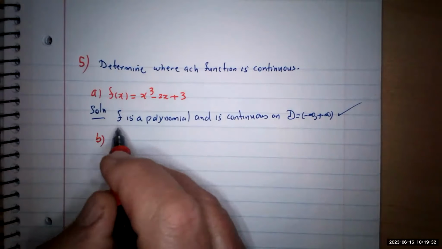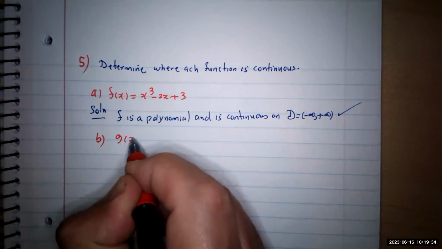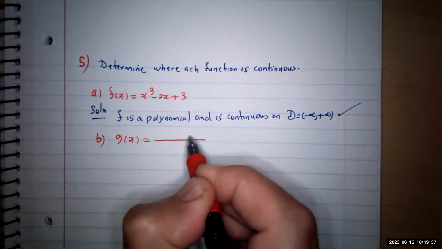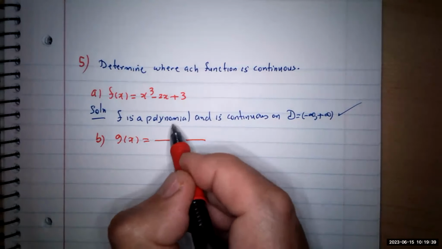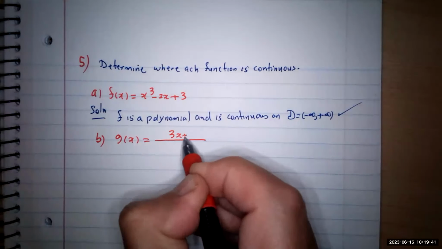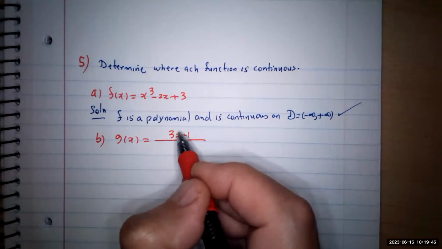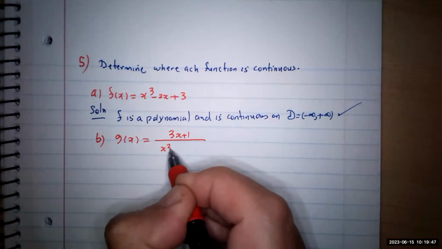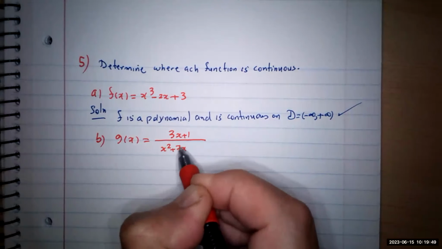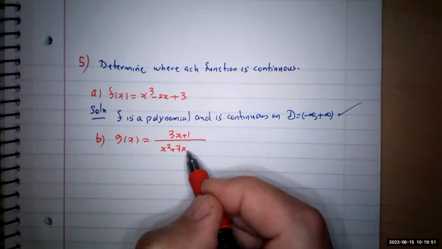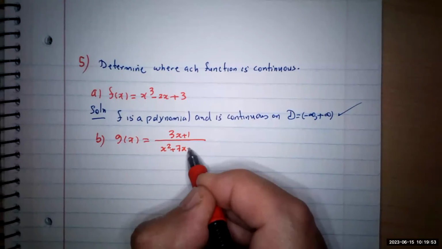Case two. G of x equals the top over 3x plus 1. Oh, this is the one that I have to change a little bit. It's going to be x squared plus 7x. Suppose there is a misprint here.